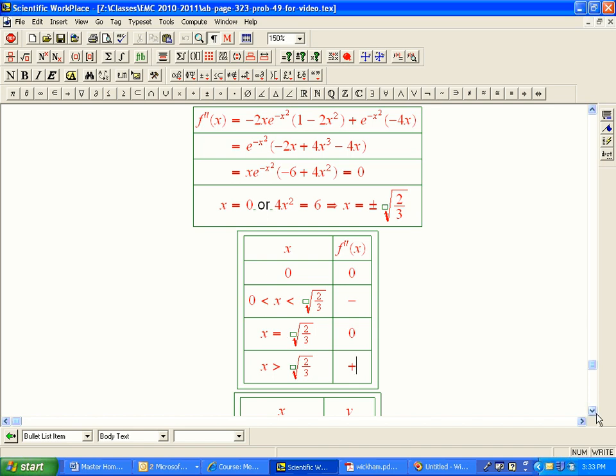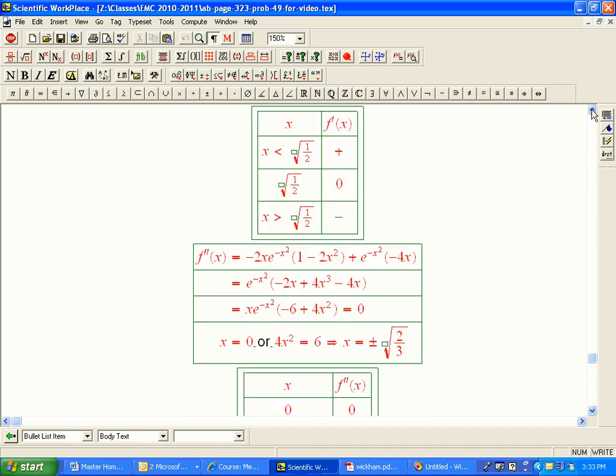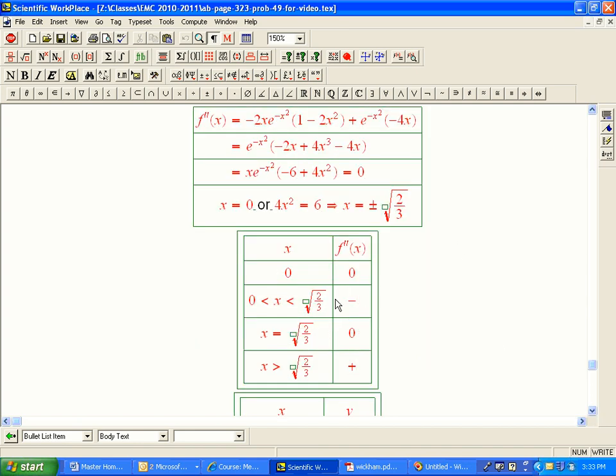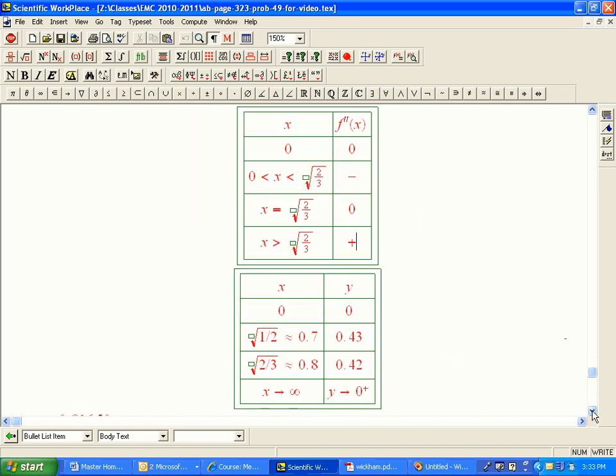So using that information, it starts out concave down, and as it's going through that maximum, because root 1/2 is before root 2/3, plus 0 minus. That's a max. Let's check that with the second derivative test. Yeah, the second derivative is negative there, so it should work. And then it goes through another inflection point and then to an asymptote.